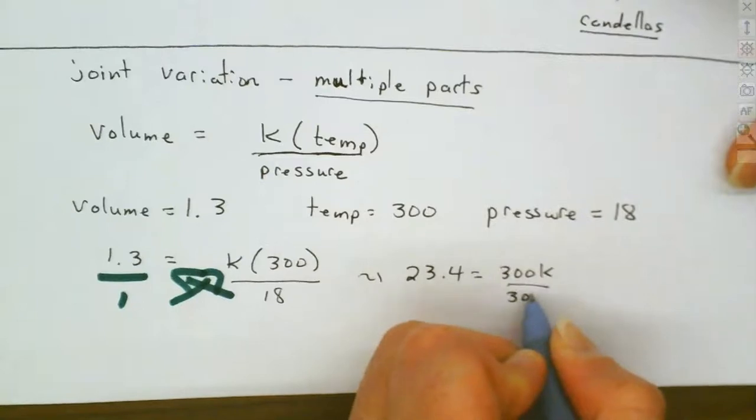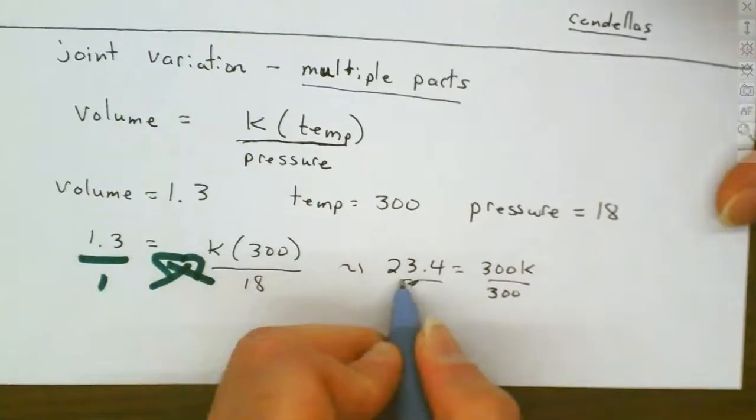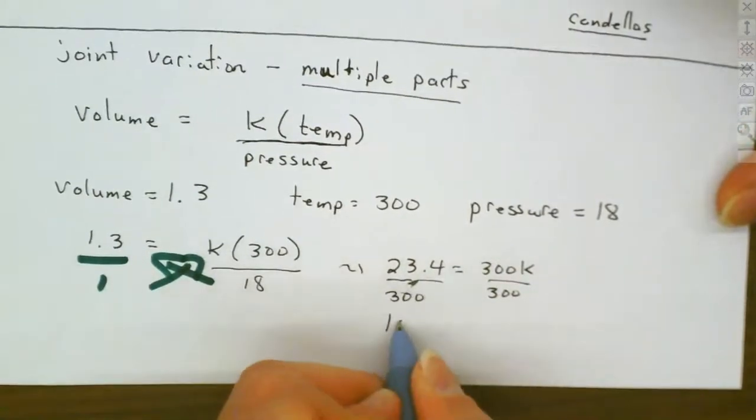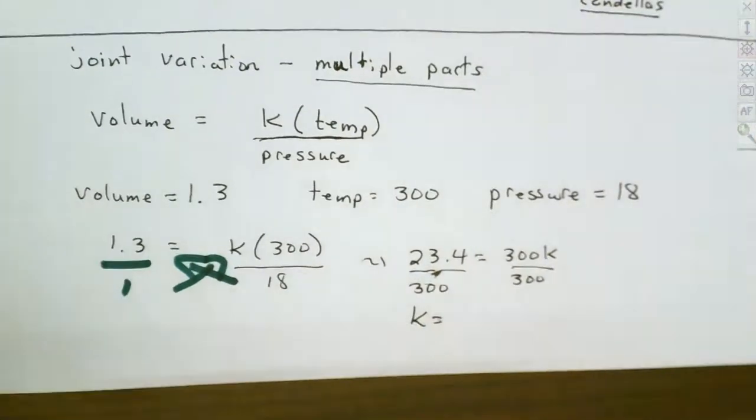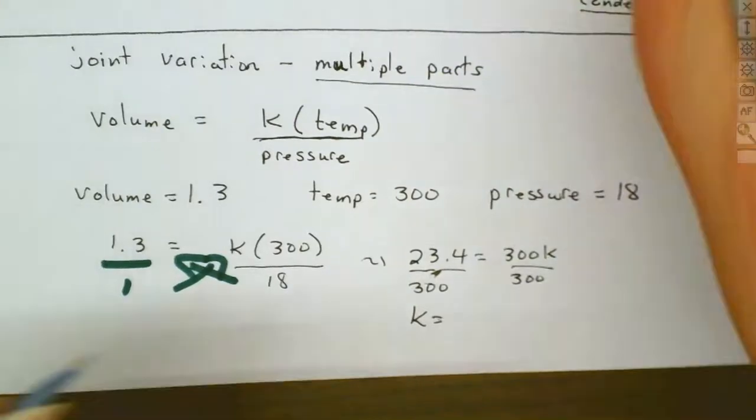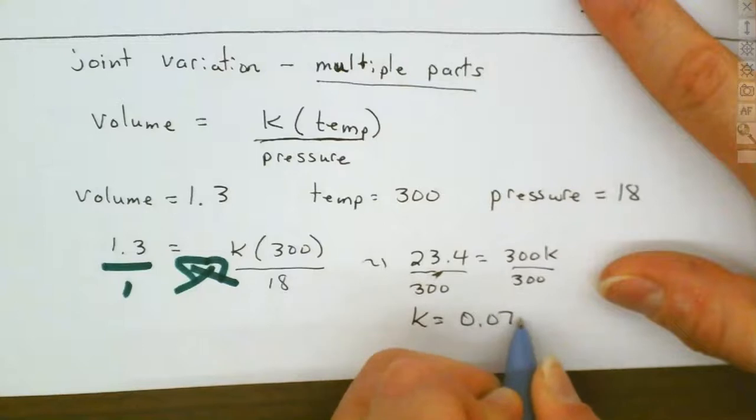Divide by your 300, and we're going to find our value of K. And the value of K, in this case, is going to be 0.078.